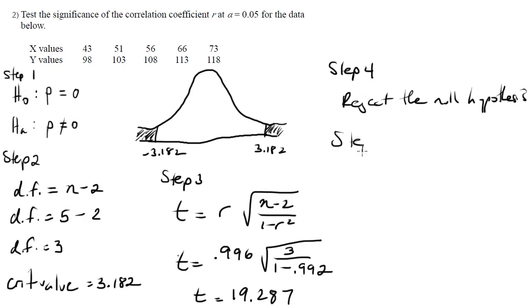And step 5, in real world terms, we can say there's enough evidence to say that there is a significant relationship between these 2 variables, that the significance is not 0.